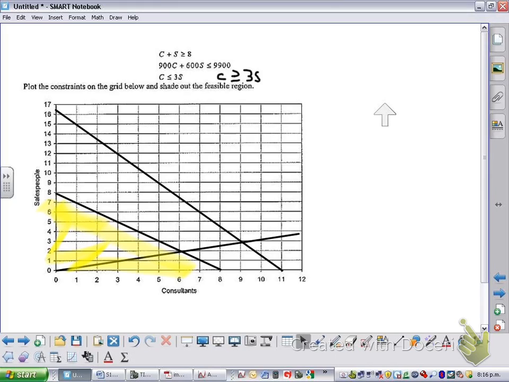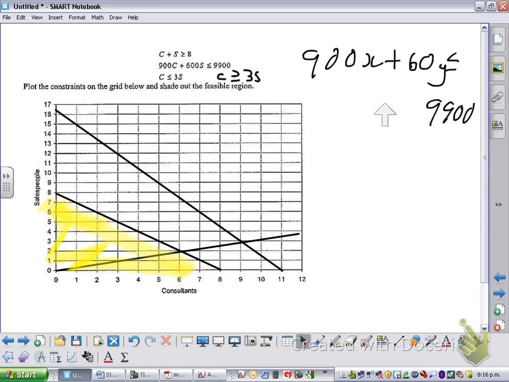Now the next one, you're going to have to, again, put this thing into your calculator: 900x plus 600y is less than or equal to 9900. Now, rearrange that if you want and put it into your calculator if you're going to have trouble finding points.